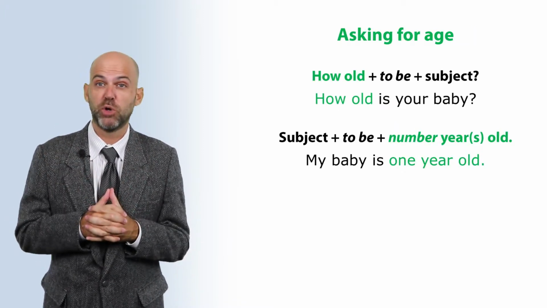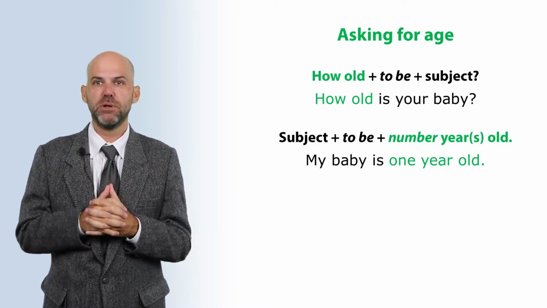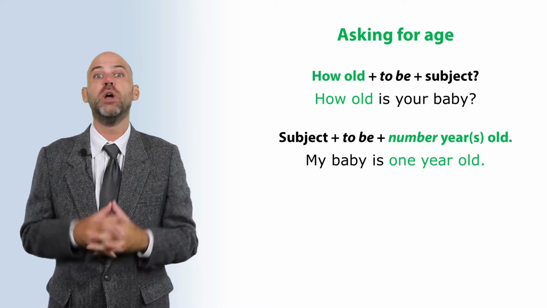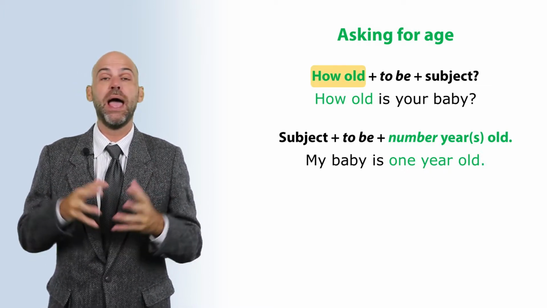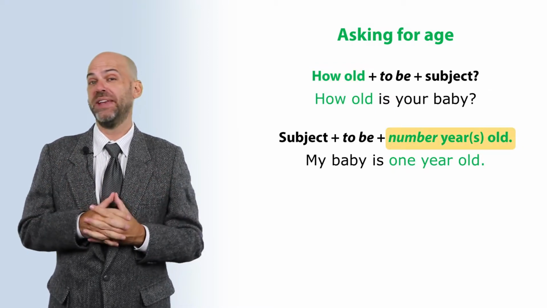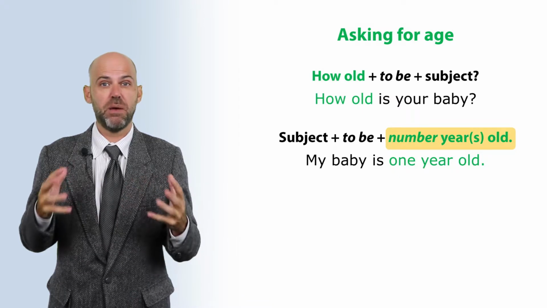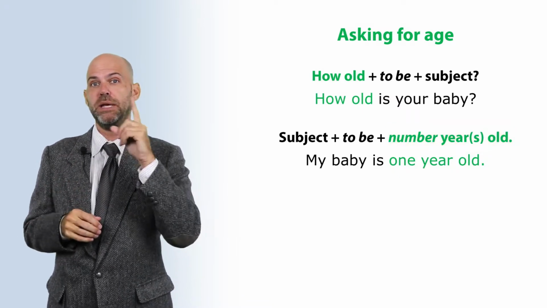Let's go over some question and answer examples of asking for a person's age. To ask for age, we use the question words, how old? To answer with an age, we use a number with the words years old. Repeat after me.